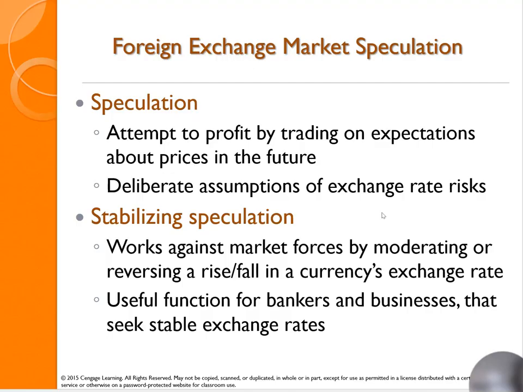Now, stabilizing speculation works against market forces by moderating or reversing a rise or fall in a currency's exchange rate. This is a useful function for bankers and businesses. They seek stable exchange rates. Tell me right now, they're getting very nervous because the dollar weakened a bit.